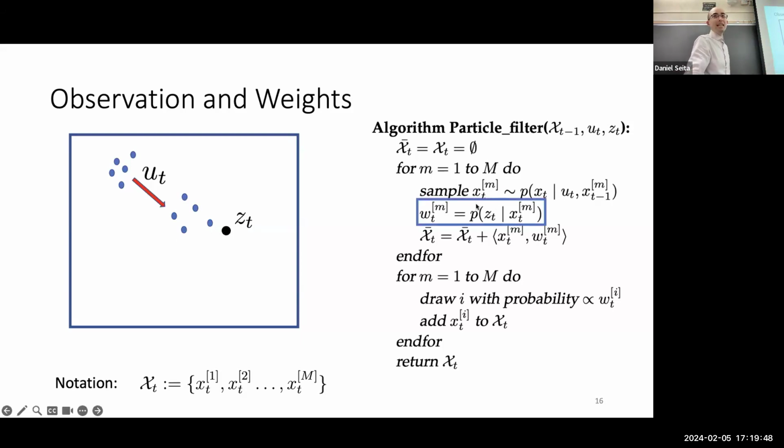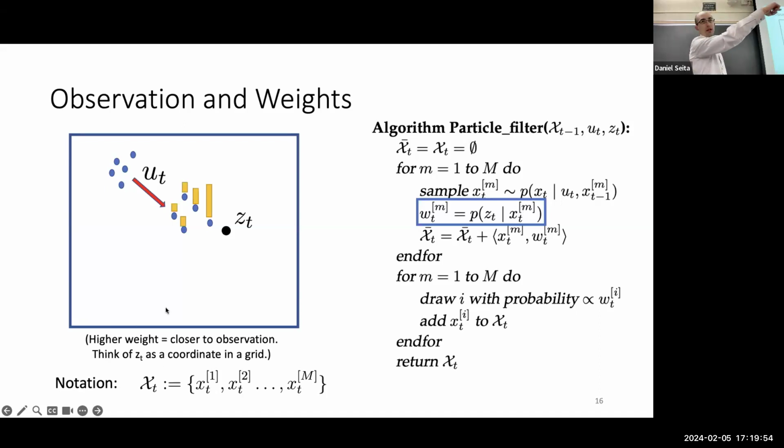And that's what this weight means. Think of ZT as some kind of grid coordinate or some 2D coordinate. Each of the particles represents a hypothesis of where the robot's true state might be. So if the sensor reading says the robot is probably here, then this particle should have a higher weight, so the bar is higher, and things that are further away have lower weight.